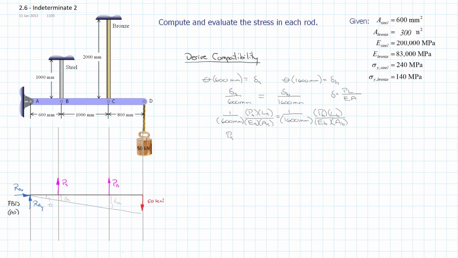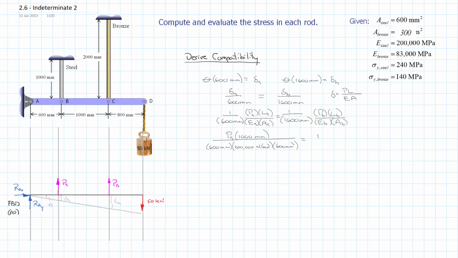So we have P sub s times the length of the steel, which is 1,000 millimeters, all divided by 600 millimeters times our modulus for the steel, which we know is 200,000 newtons per millimeter squared, or megapascals, and the cross-sectional area of the steel, which is 600 millimeters squared.